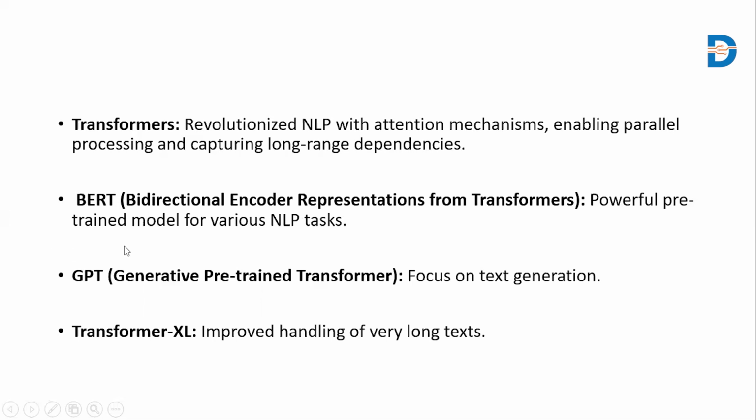It is a powerful pre-trained model for various NLP tasks. Then we have GPT, Generative Pre-trained Transformer, which focuses on text generation. And then we have Transformer-XL, which has improved handling of very long text. So these are some of the applications of NLP.